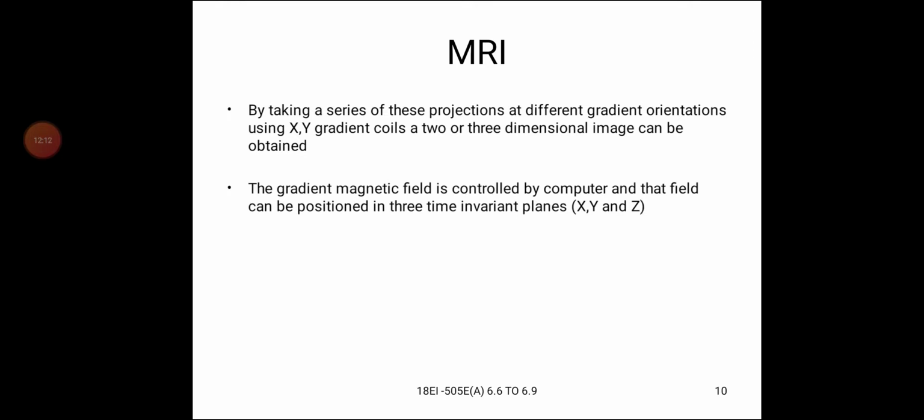The gradient magnetic field is controlled by computer, and the field can be positioned in 3 time-invariant planes, that is X, Y and Z planes.